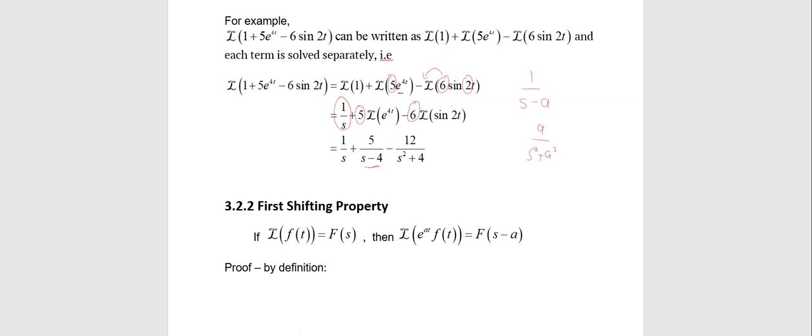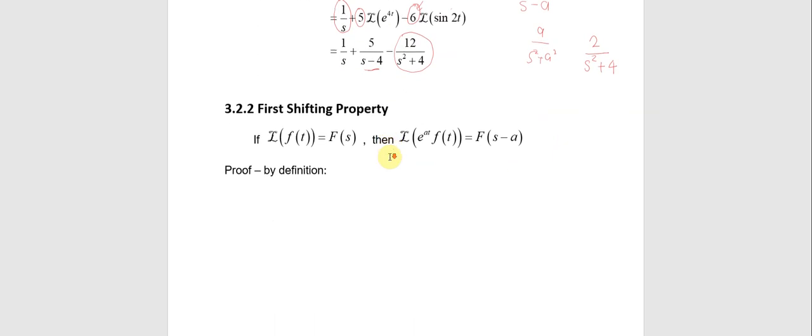So for sin 2t, after the transformation, you get 2 over s squared plus 2 squared, which is 4. But here you have 12 for the numerator, because you have 6 as a constant; 6 times 2 is 12. That is how to solve the Laplace transform by using the table.